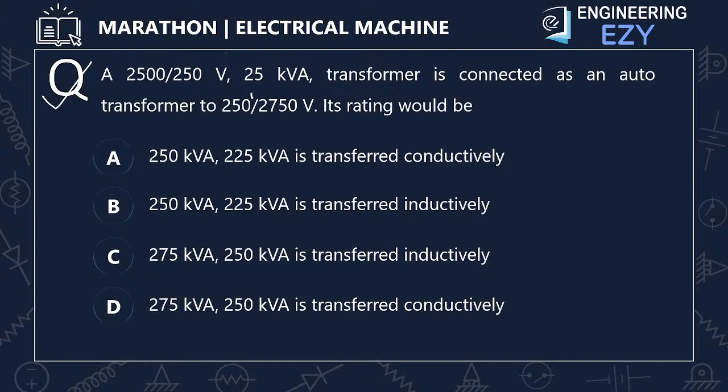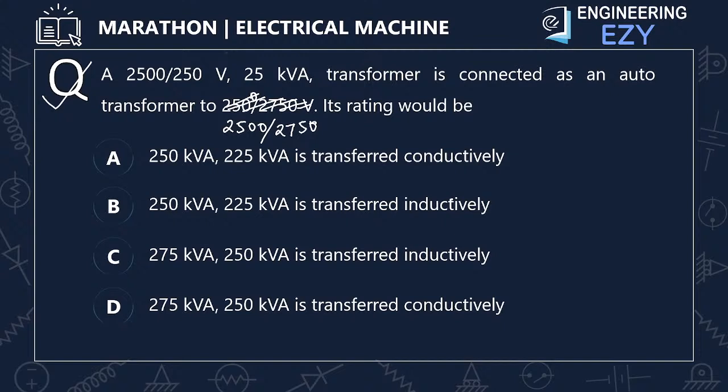It is 2500. I am changing it, it is basically a mismatch. 2500/2750 is the rating, because the options are given up to this rating. The primary voltage is 2500 and the auto transformer secondary voltage is 2750 volt. So how much power is transferred conductively? How much power is transferred inductively?